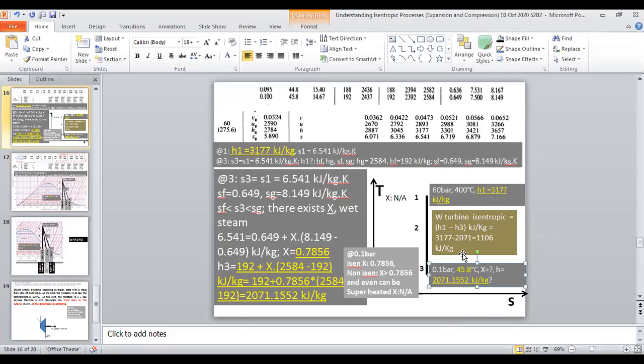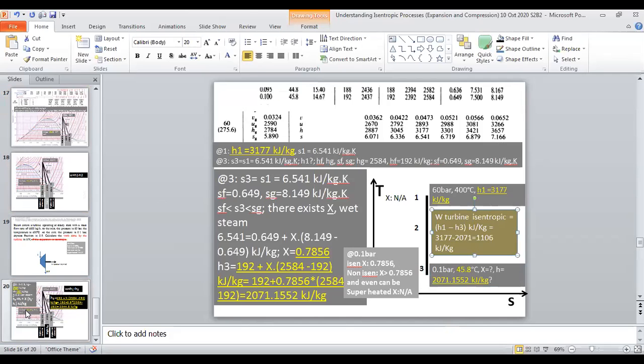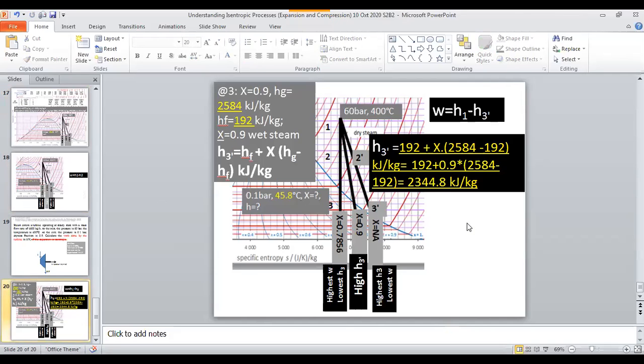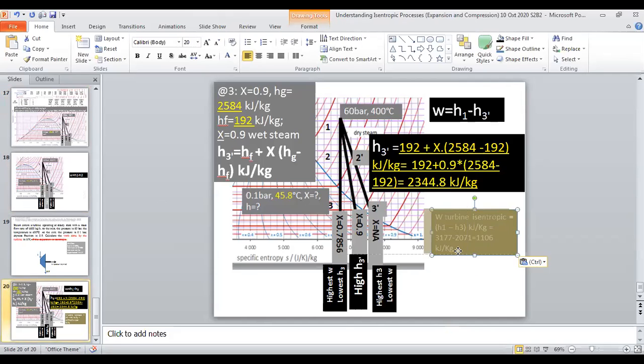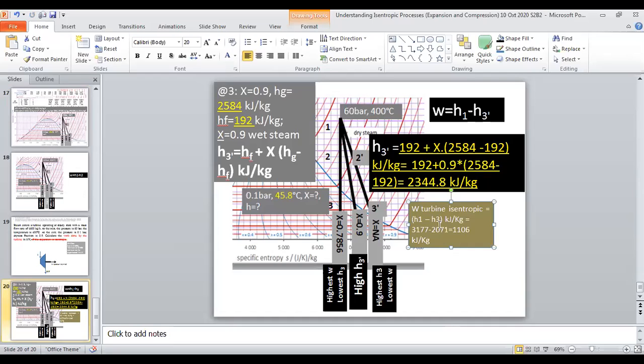This is the previous case. Isentropic H3 is 2071. Now, not isentropic.